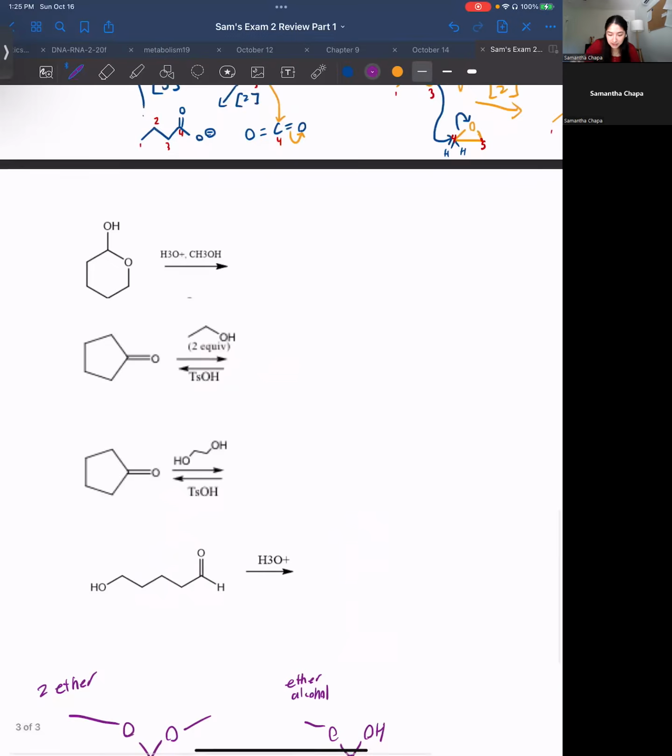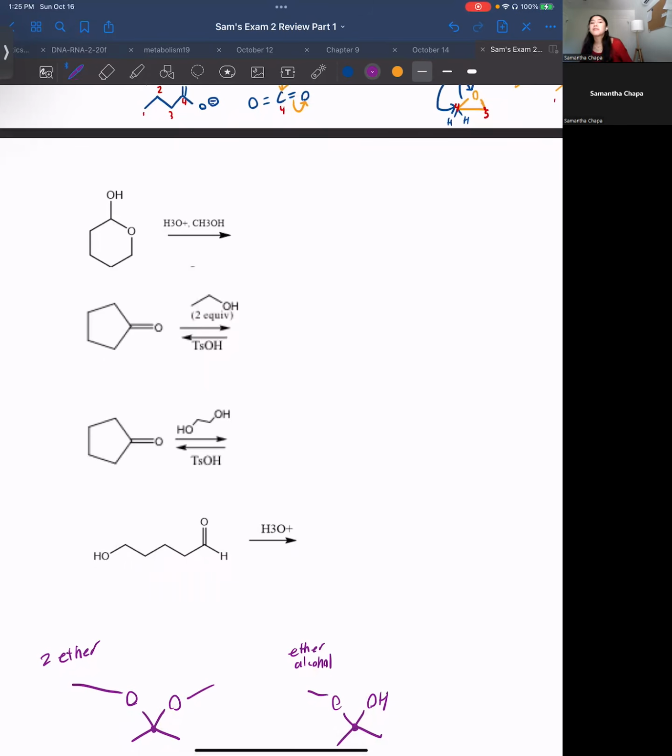Okay, so then I like to identify what we have first on our left hand side, so for our reagents. And for the left hand side, I already have a hemiacetal. And it looks weird because we're not used to this cyclization, okay? But notice how this carbon right here is attached to an alcohol group and an ether.